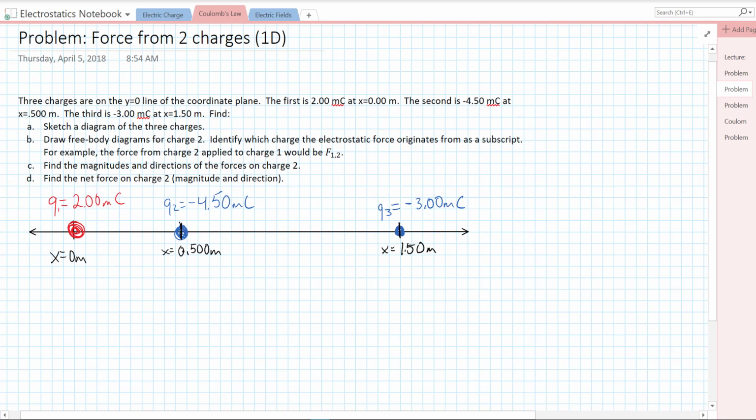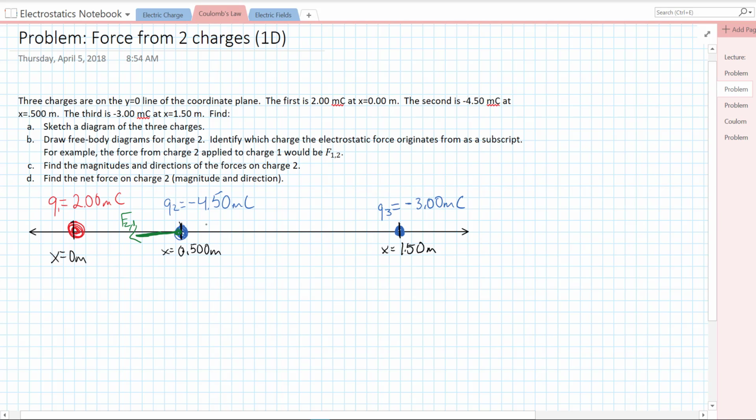Part B, draw a free body diagram for charge 2. Label the forces basically. So I'm going to do that in green. Charge 2 and charge 1 are going to feel a force, and since they're opposite charges, there's going to be an attractive force. So there's going to be a leftward force. It's going to be the force on 2 from 1. Now this is also not to scale.